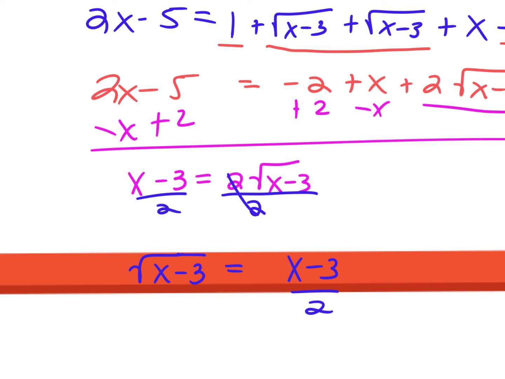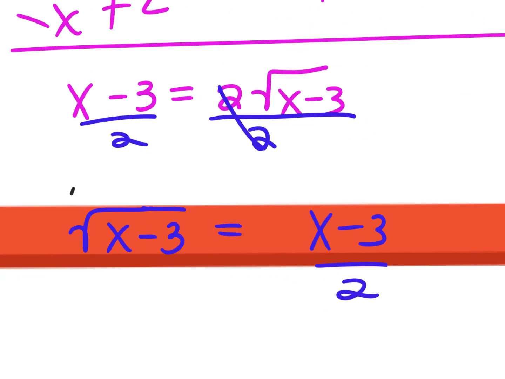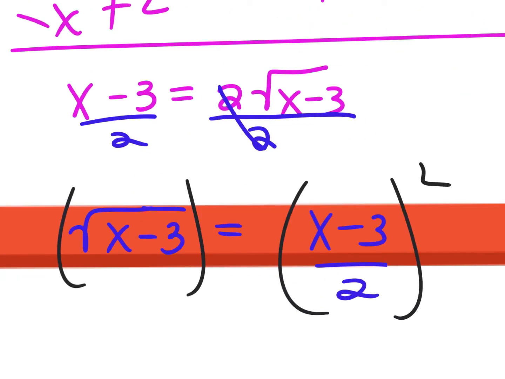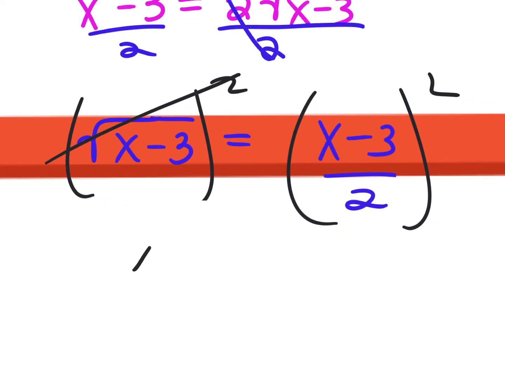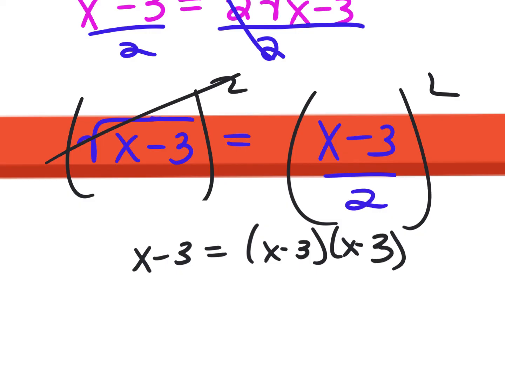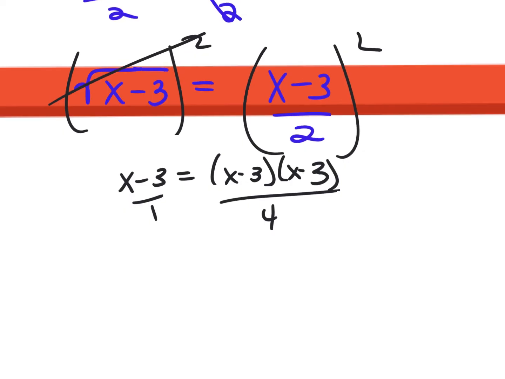And from this point, we can now square both sides and solve. So square this side, square this side. So you have x minus 3 equals, this will be x minus 3 squared on top. And then 2 squared is 4 on the bottom. So go ahead and FOIL.